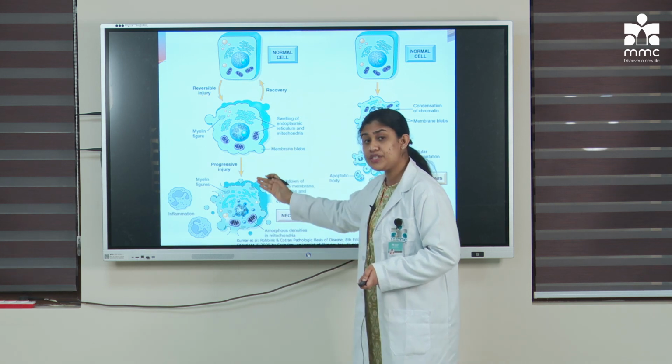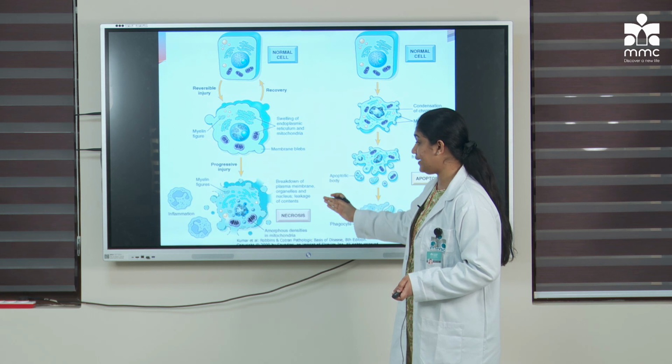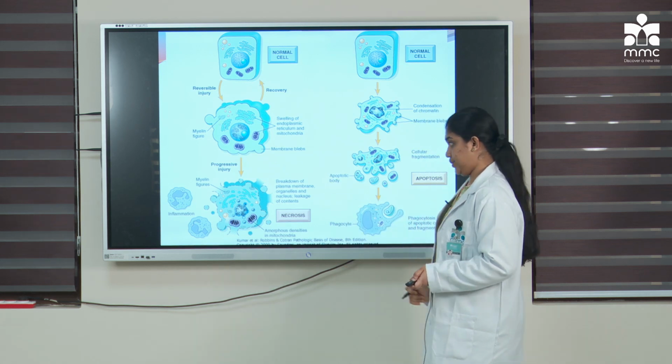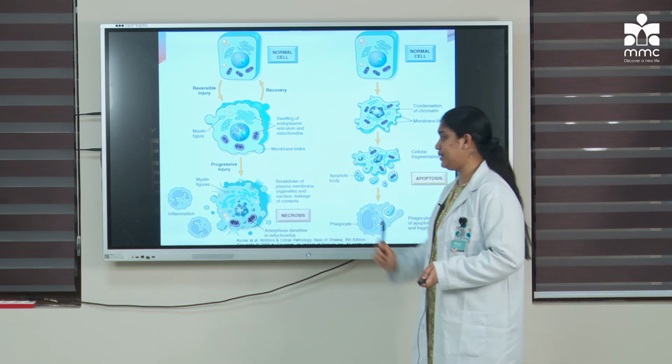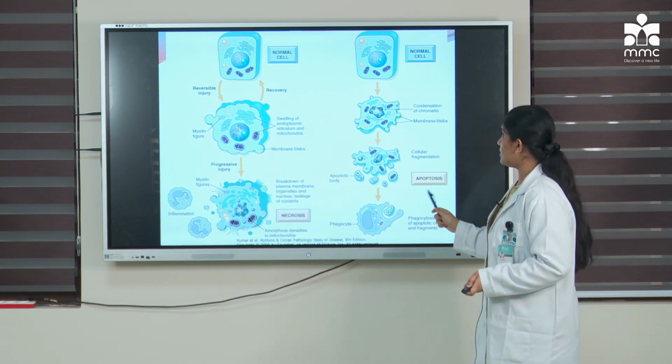But if the injury is progressive, it results in the breakdown of the plasma membrane, organelles, nucleus, and leakage of contents, resulting in necrosis. Here you can see the inflammatory cells around the necrotic material.